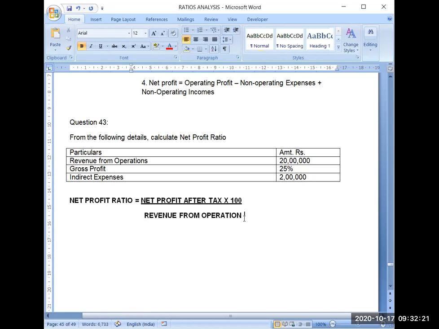Now we will solve that. Now see what is given in the question. Revenue from operations 20 lakh. Gross profit is given 25%.